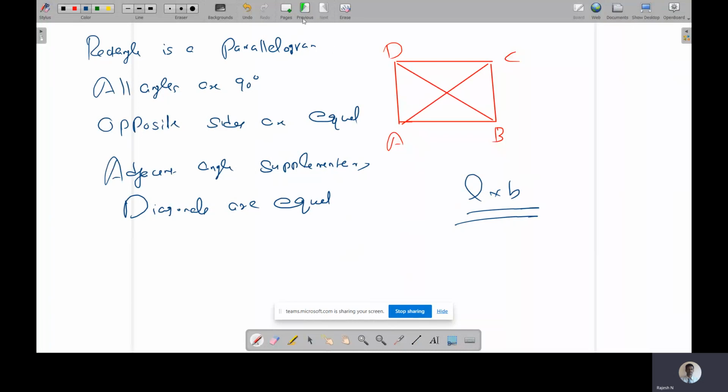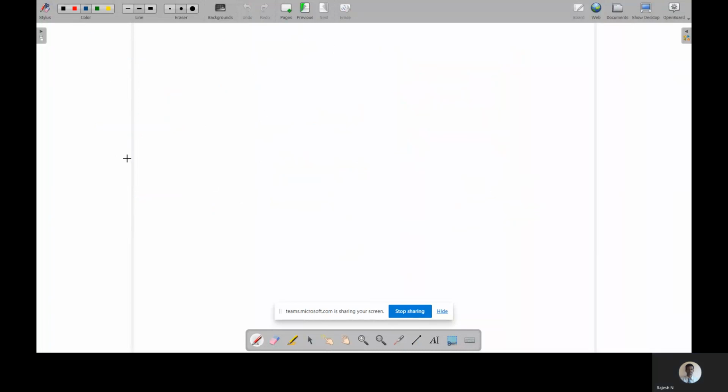What is the next one? In a rectangle, opposite sides are equal, that's all. But in a rectangle, if all sides are equal, then what will we call it? It's called a square.